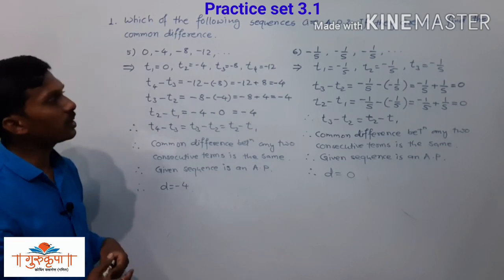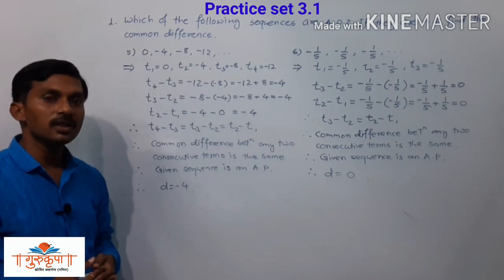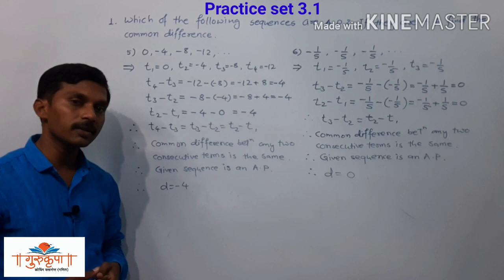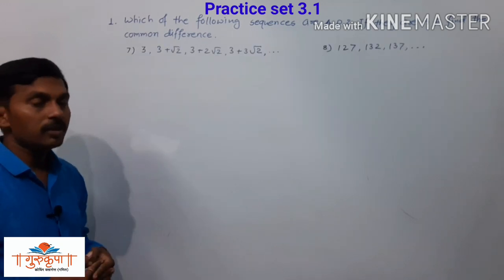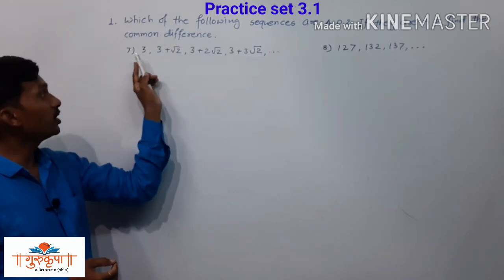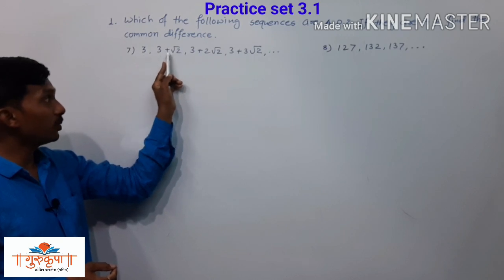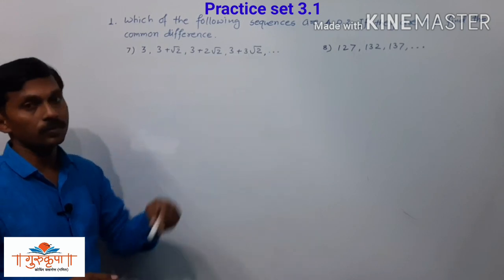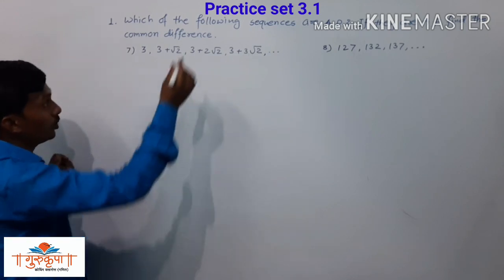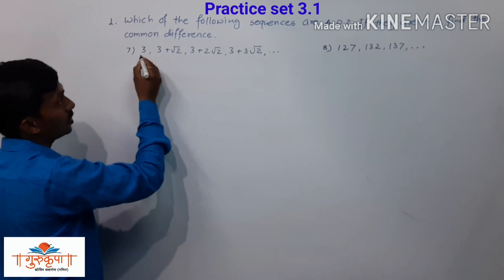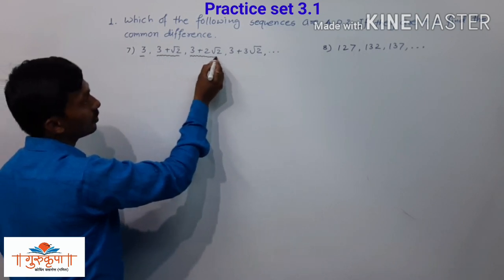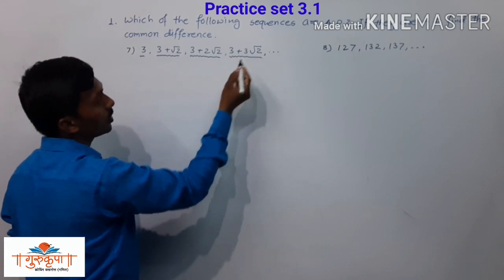Now we have two more examples, example number 7 and example number 8. Example number 7. Here we have given the sequence 3, 3 plus root 2, 3 plus 2 root 2, 3 plus 3 root 2. Here we have given four terms.